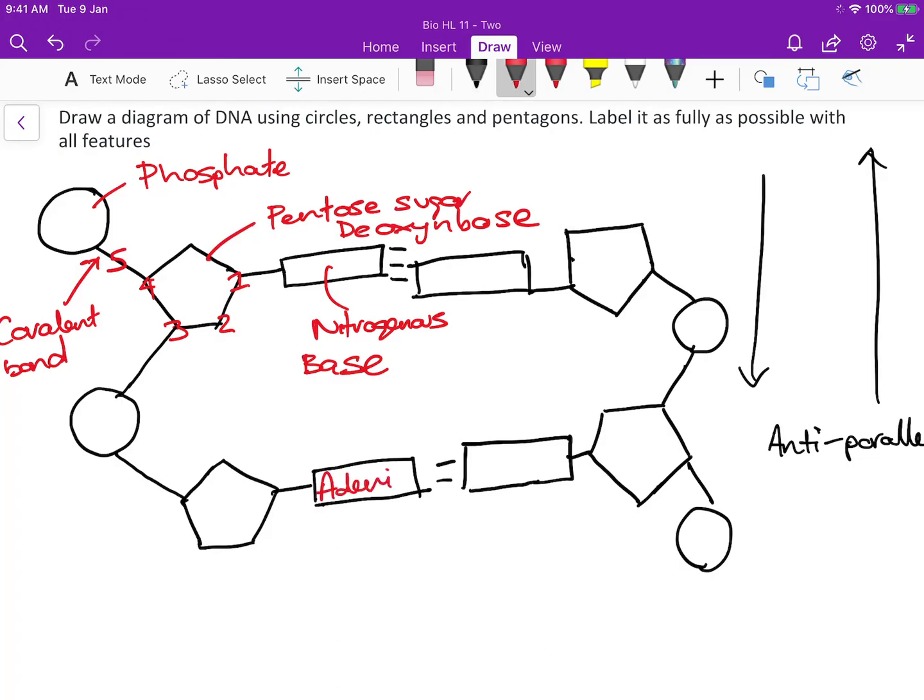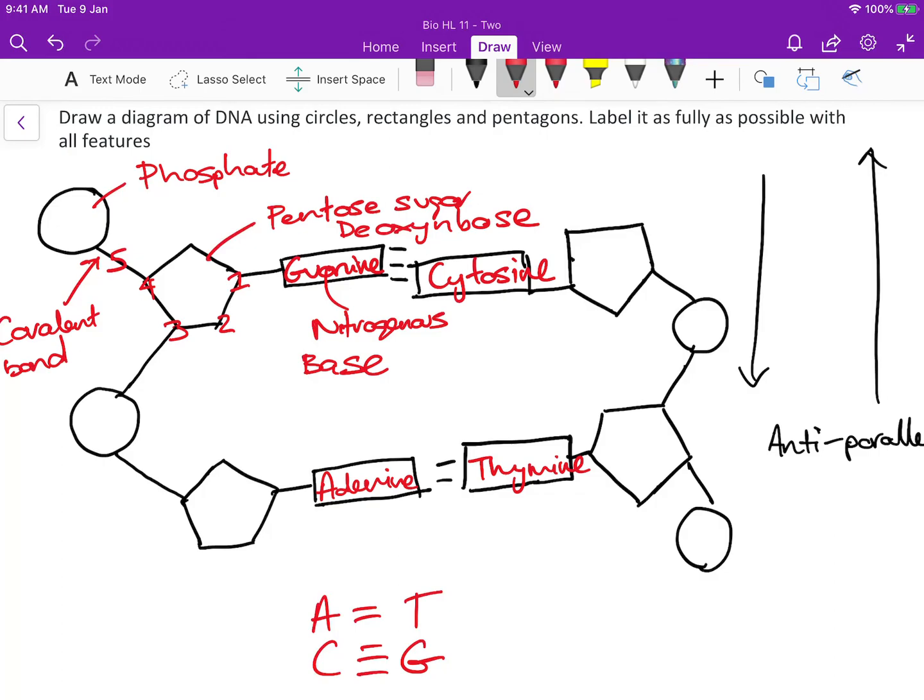So adenine, A pairs with T. And guanine pairs with cytosine. C pairs with G.